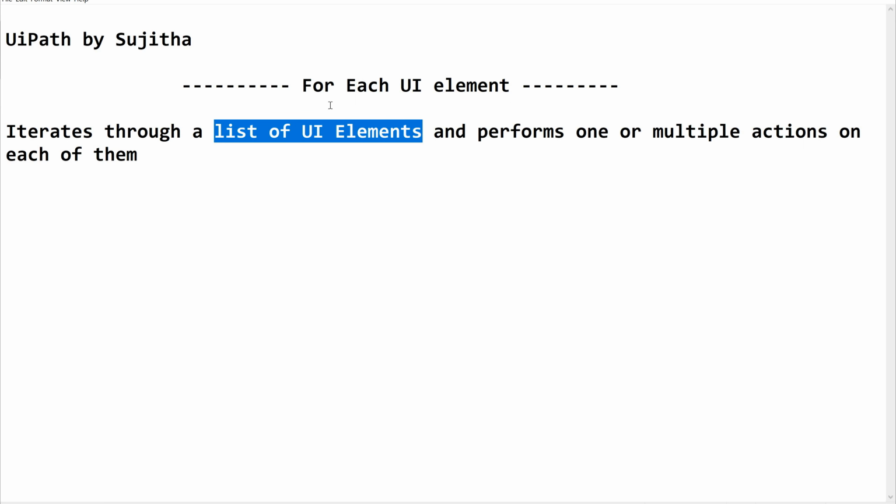In such a scenario, instead of having multiple clicks or doing the same coding again and again, we can simply use those activities in a ForEach block by passing the list of UI elements as the input. That is nothing but ForEach UI Element. Clear? Now I'll show you a simple demo for those who are not clear with this. It will be easy for you to understand as well.